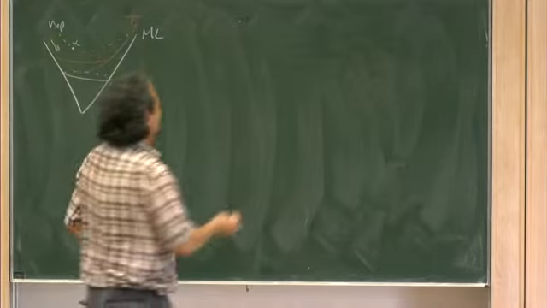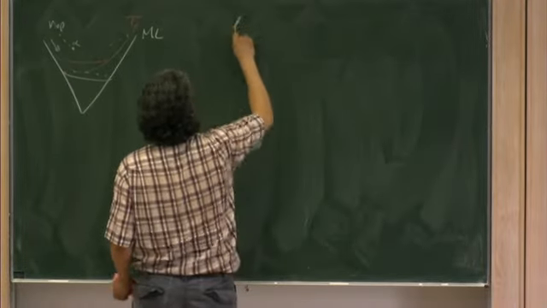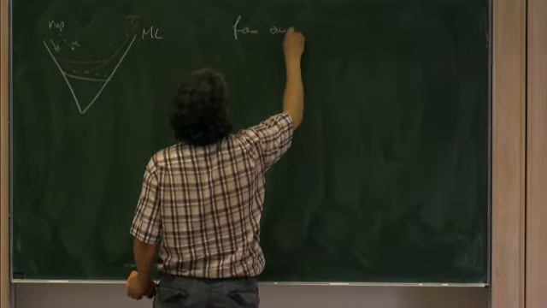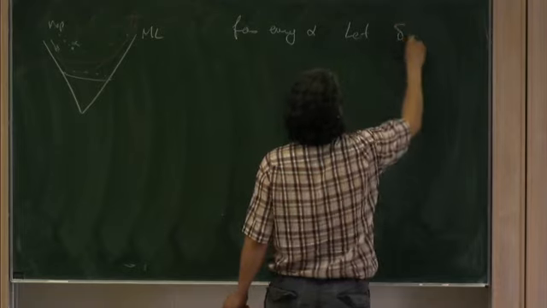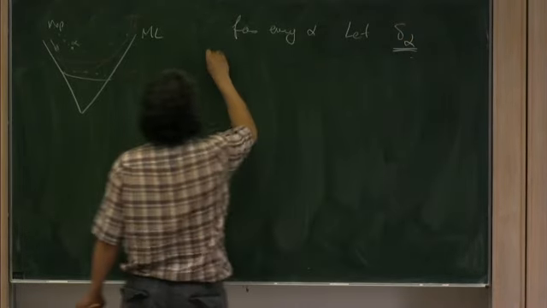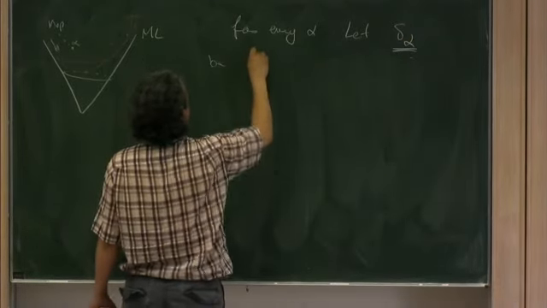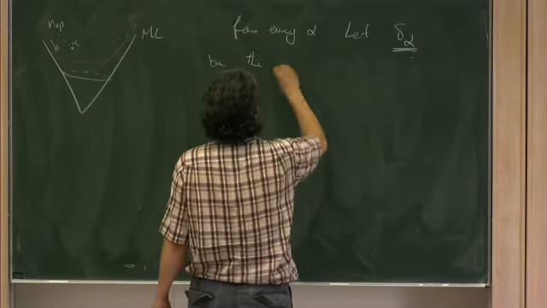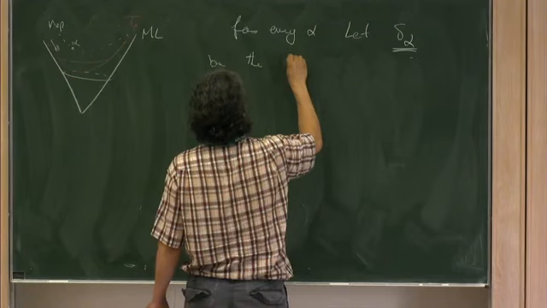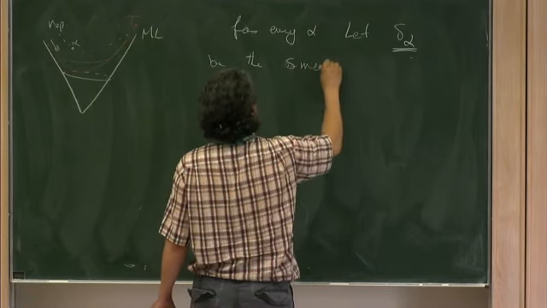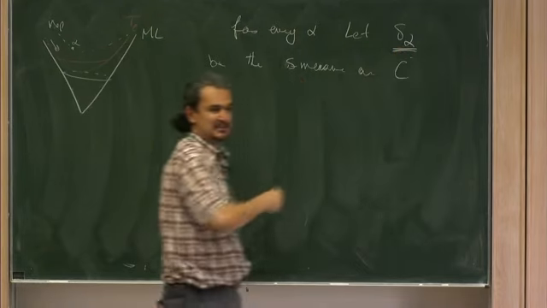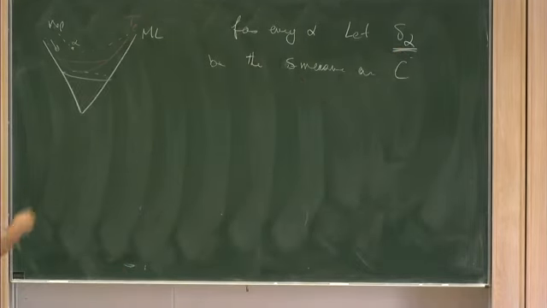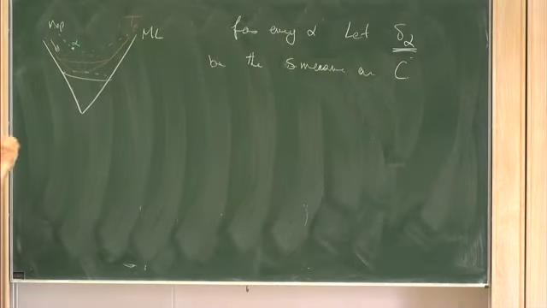So for every alpha, let delta sub alpha be the delta measure, for lack of a better name, on C. So this is a measure on the space of measures. It's a measure which gives you 1 at one point here and 0 everywhere else.